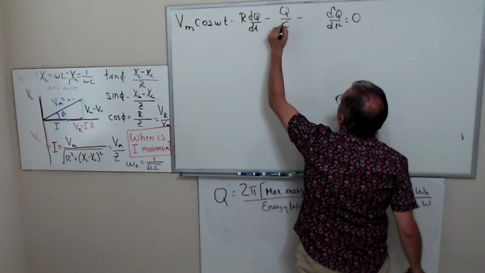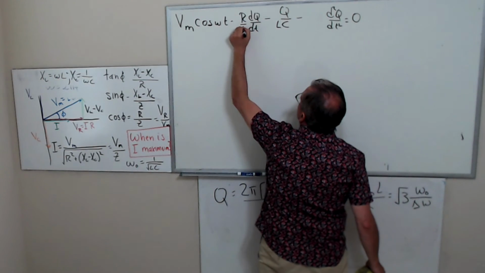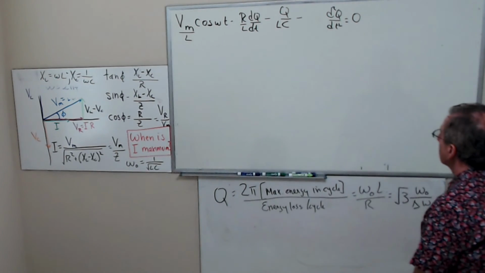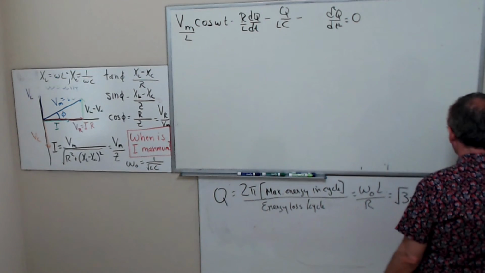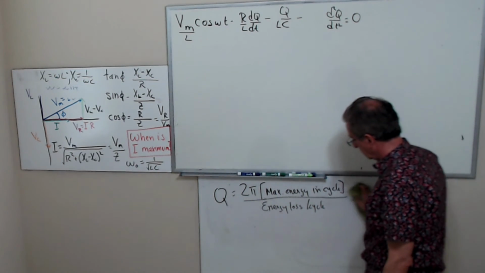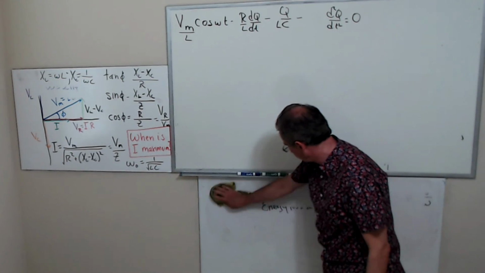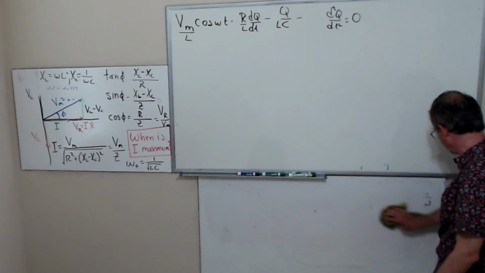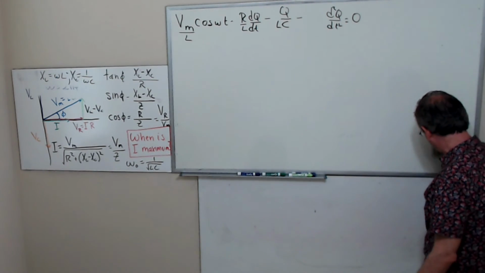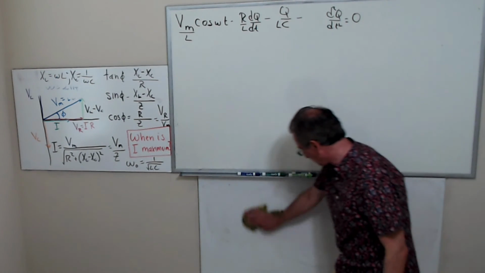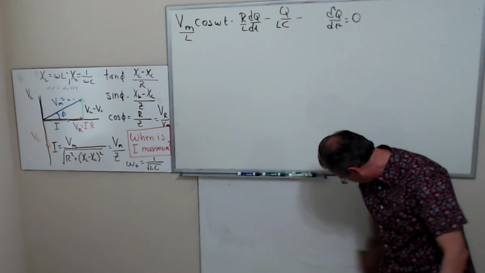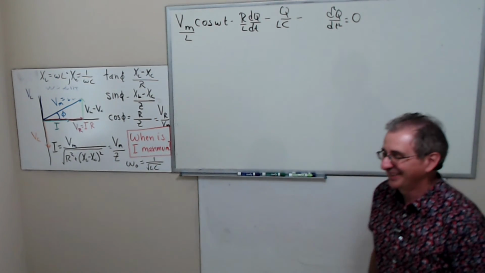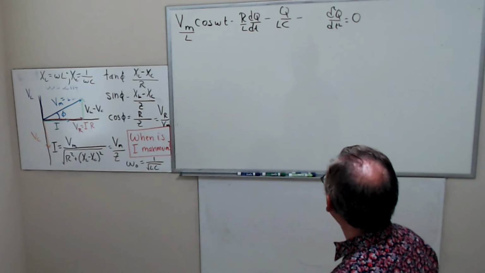Let me divide both sides by L. This is called an inhomogeneous second-order differential equation with constant coefficients. That's what the mathematicians would call it. I just call it a second-order differential equation. Okay.